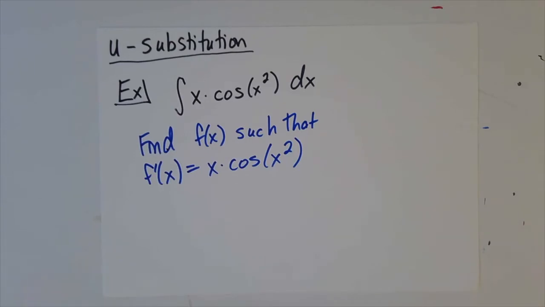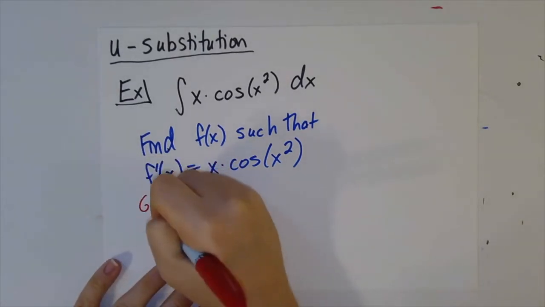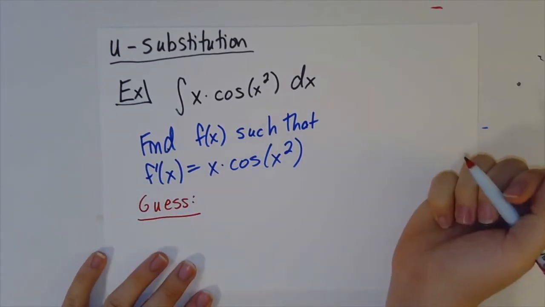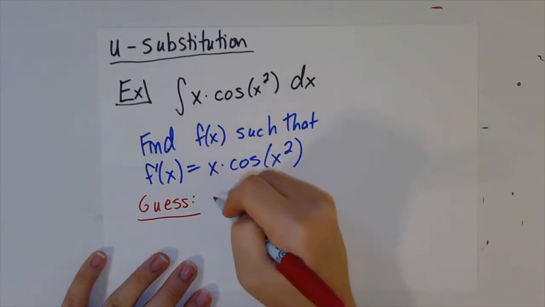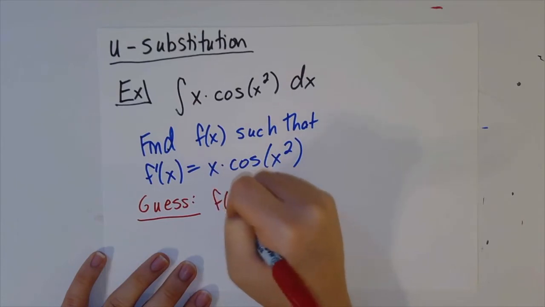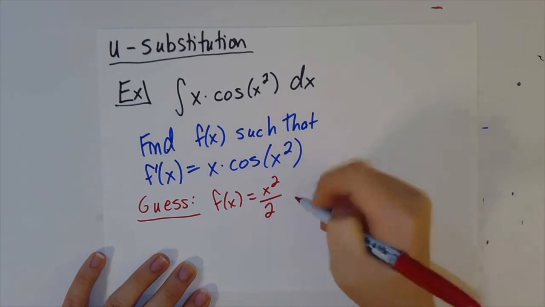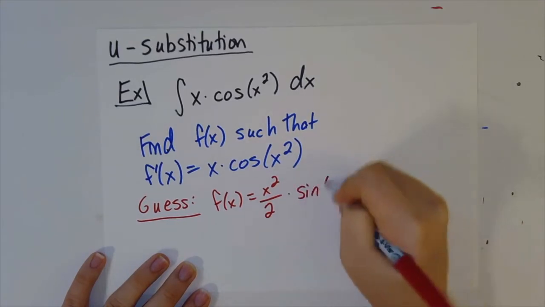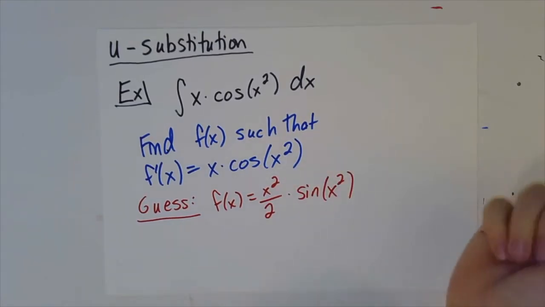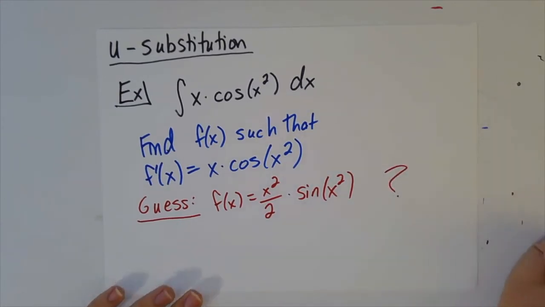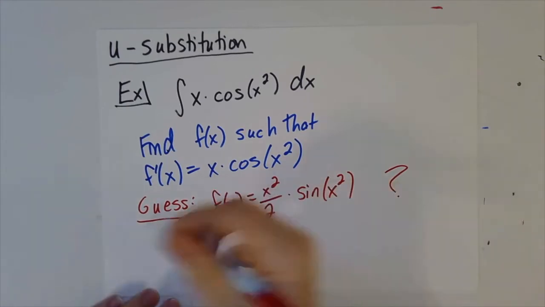So you might, for example, start by saying, well, let's guess, and this was really just a blind guess, but it might be reasonable to guess that, hey, maybe I want to integrate this x, which would give me x squared over 2, and integrate this cosine, which would give me a sine, something like this. Is it right? Well, we can figure that out because we can just take the derivative here.